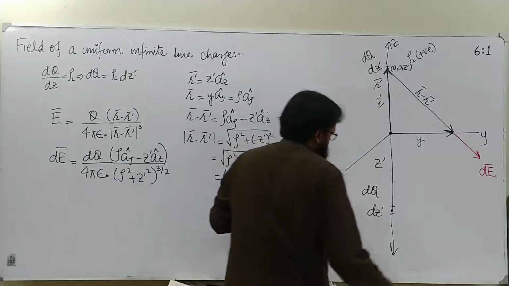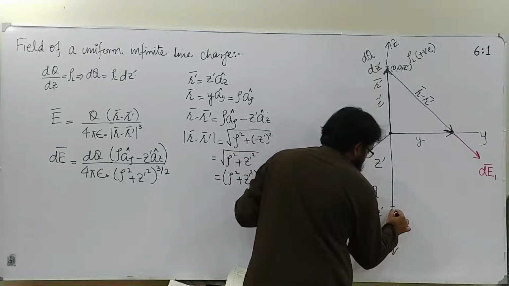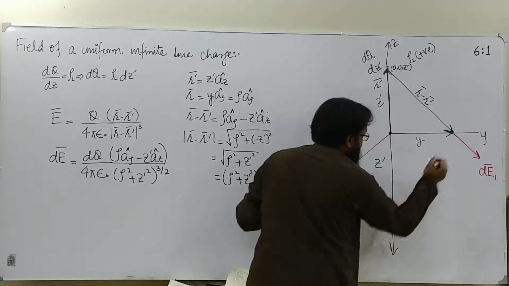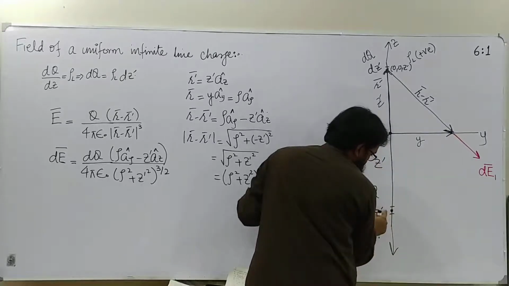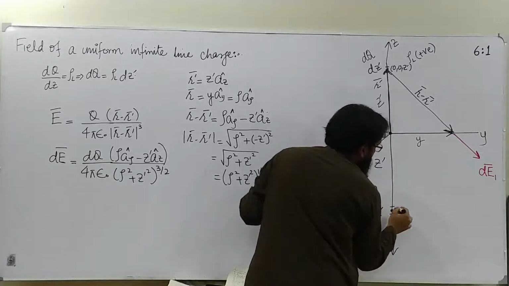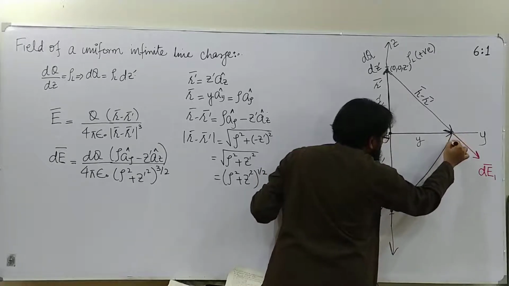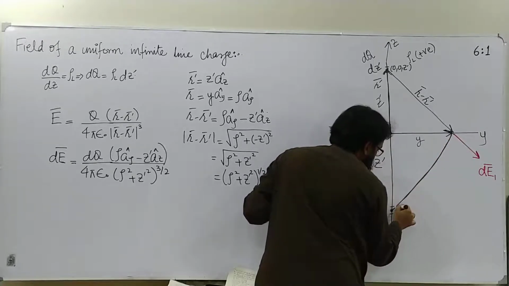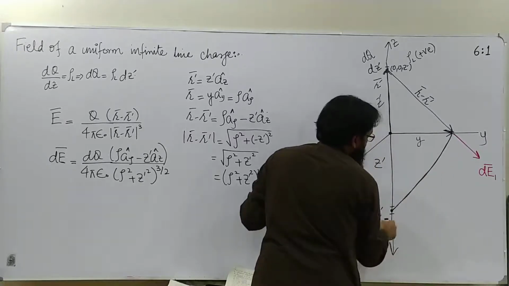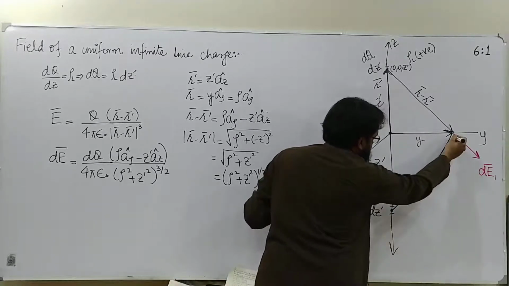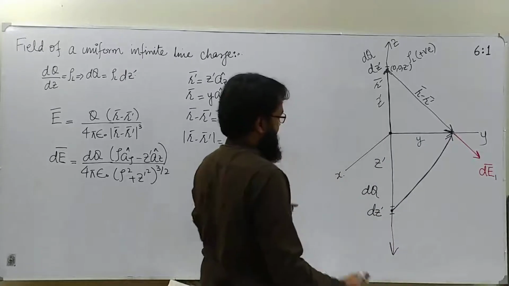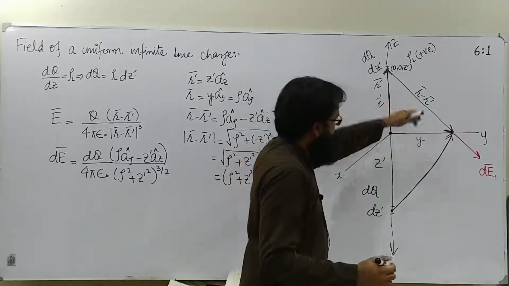What will happen? If we want to find out the differential amount of field at this field point due to this differential charge, what we would need is the length joining the field point and the source point, and a vector in this direction, just as we did here.